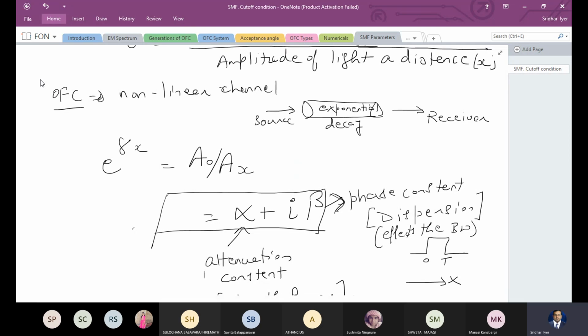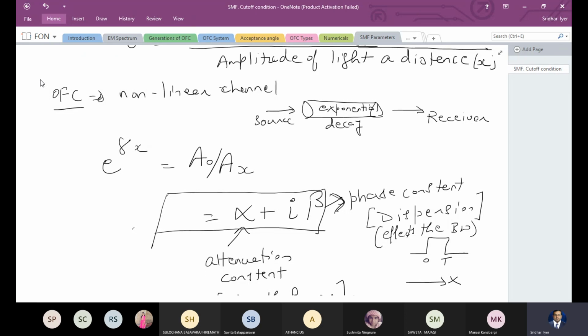the fiber is a non-linear channel, because of which there is an exponential decay in the power as we move from the source towards the destination. This aspect we'll be doing in module 2, and I'll be going into the detail of this.